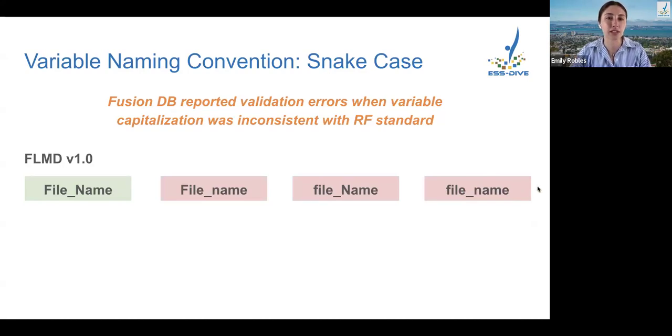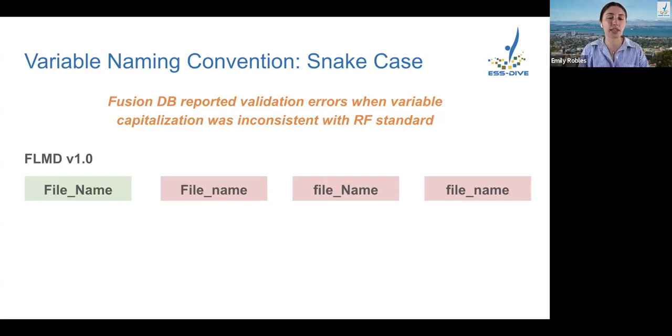So the next change, and an issue that we have encountered a lot with the Fusion database, is validation errors when variable capitalization was inconsistent with the FLMD reporting format standard. These are for the required fields for the file level metadata and data dictionary.